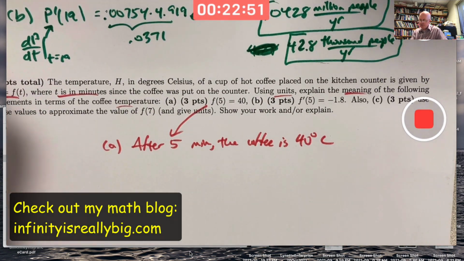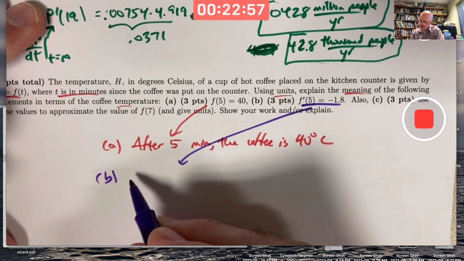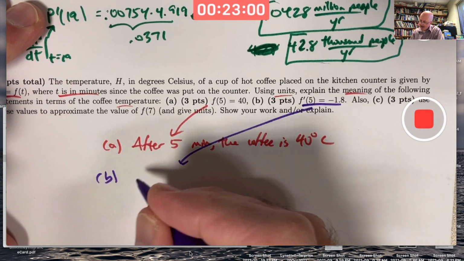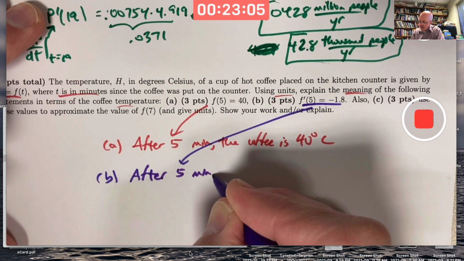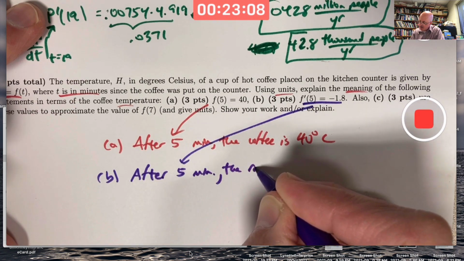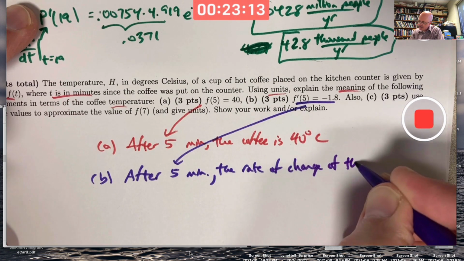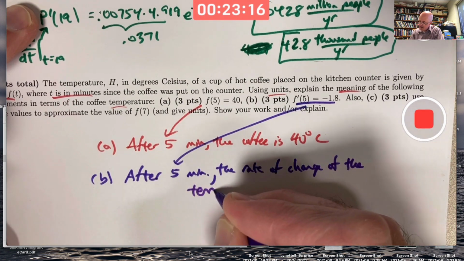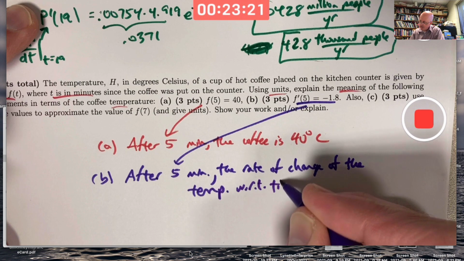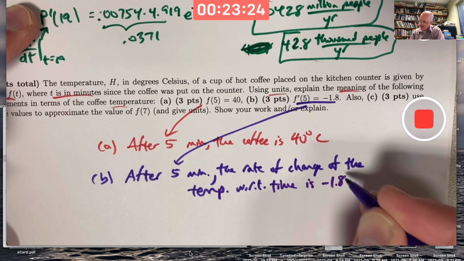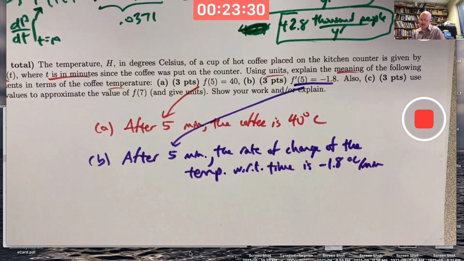That's what A means, the practical meaning of that. And B is the practical meaning of the derivative, the fact that f prime of 5 is negative 1.8. I could say after 5 minutes, or at time 5, the rate of change of the temperature, because that's what a derivative is, with respect to time, is negative 1.8 degrees Celsius per minute, units of temperature per unit of time.